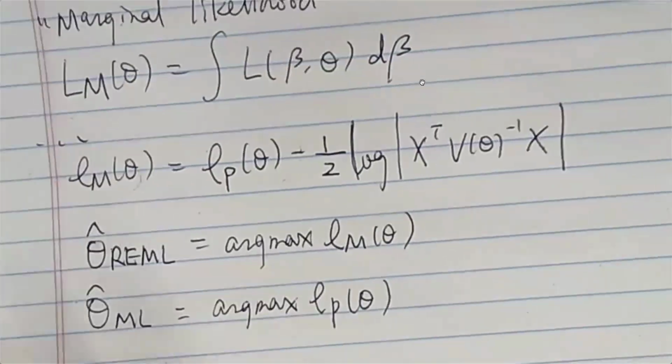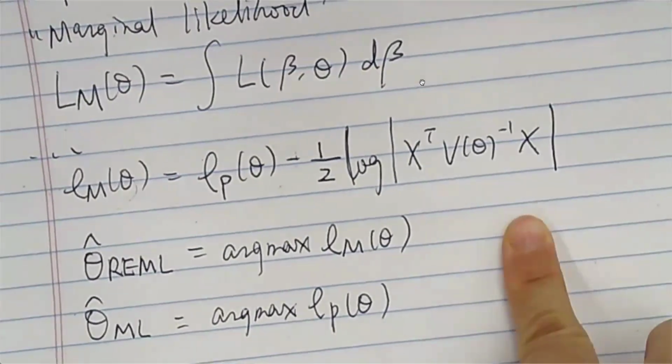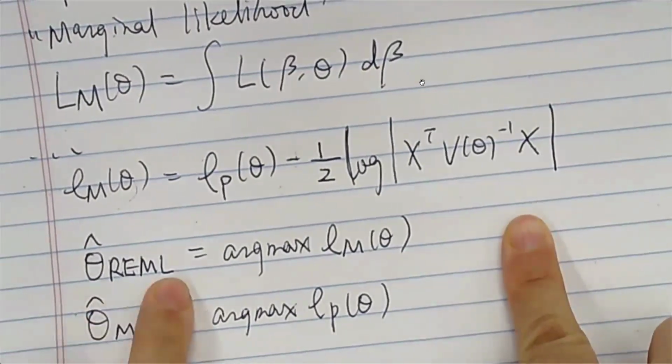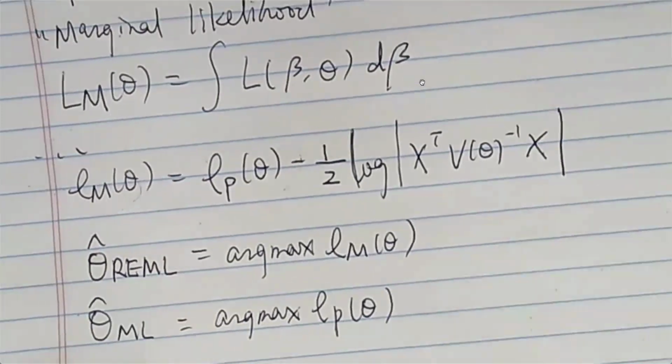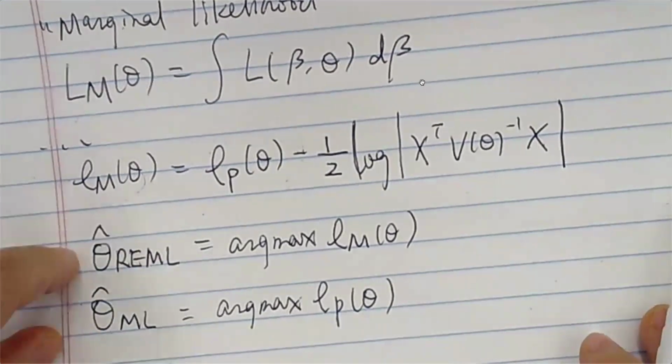So in general, people found that with this penalty term, the restricted ML theta hat has a smaller variance. It's more stable, right? But it may be biased. So basically, you can have 2 versions of estimators.